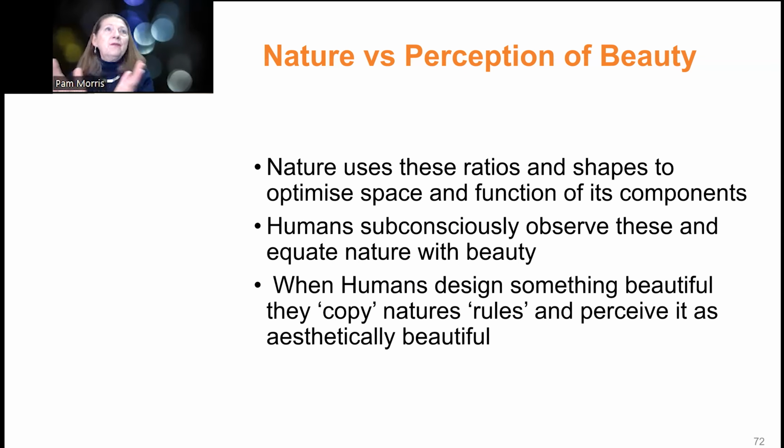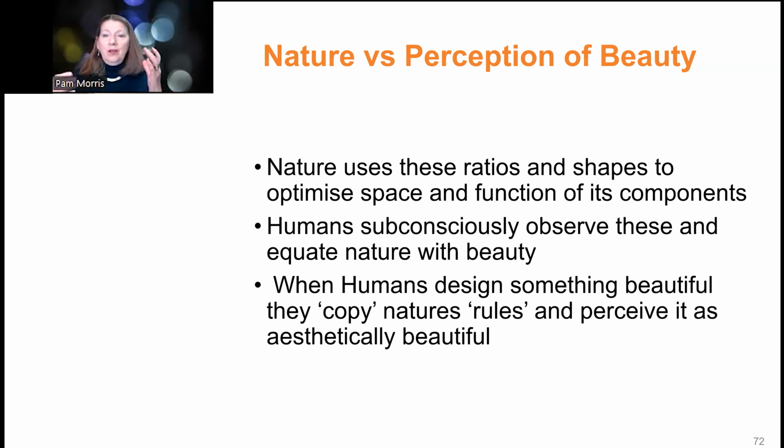So branches will divide into 2 and then divide into 3 and then divide into 5. And the way that seeds are actually allocated on pine cones and within sunflowers all use these golden spirals, and the Fibonacci numbers are how they're arranged within their circles.